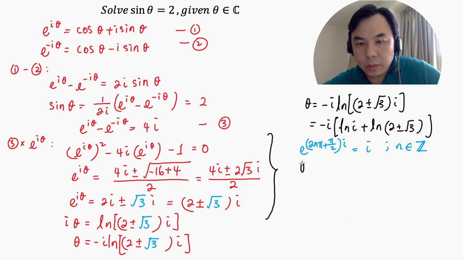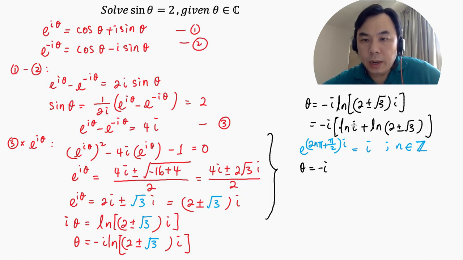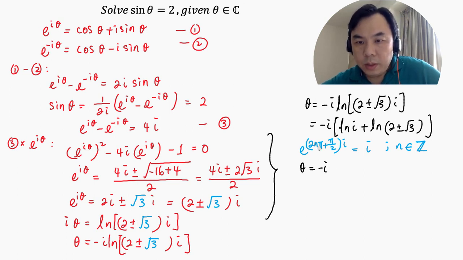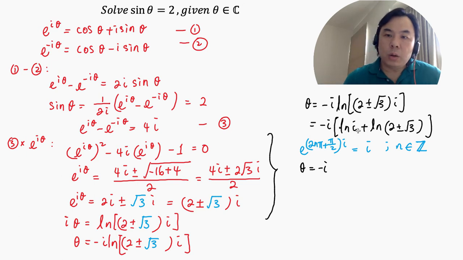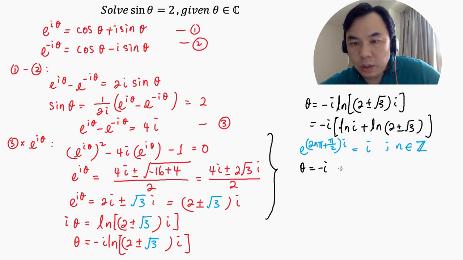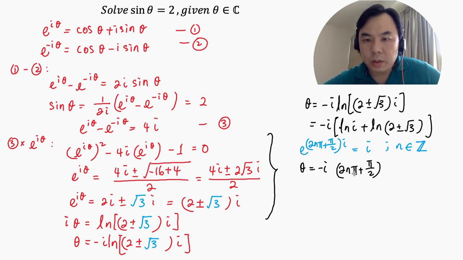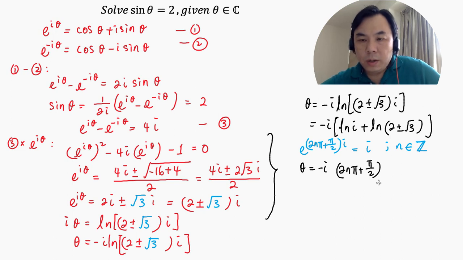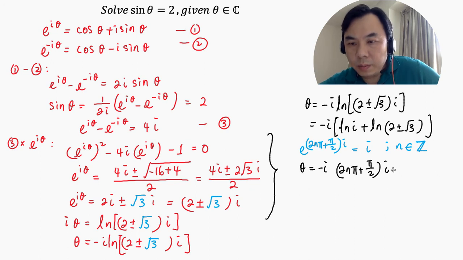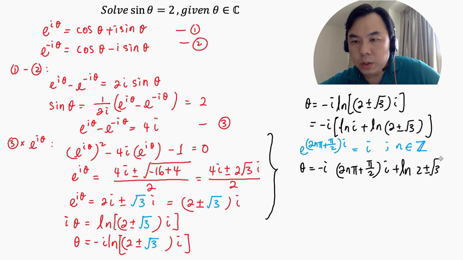So I'll end up with my theta equal to negative i. So instead of writing ln i, I can actually write down this. If I substitute this and apply the logarithmic and exponential rules here, I will end up with 2n pi plus pi over 2, that will be the whole expression here, times i, and then plus ln(2 plus or minus surd 3).